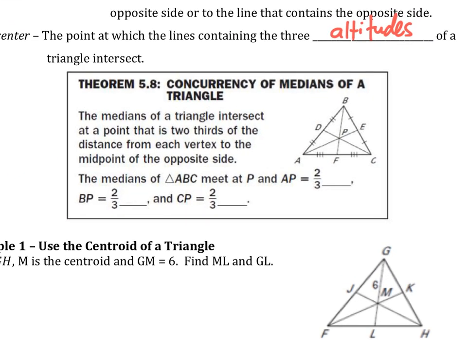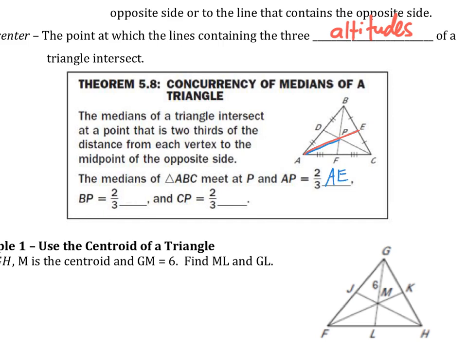Concurrency. The medians of a triangle intersect at a point that is 2/3 of the distance from the vertex to the midpoint of the opposite side. So you can see that red line, AE, is a median. So the distance from A to P, the blue part, is 2/3 of AE.